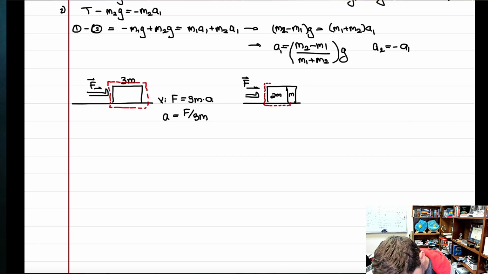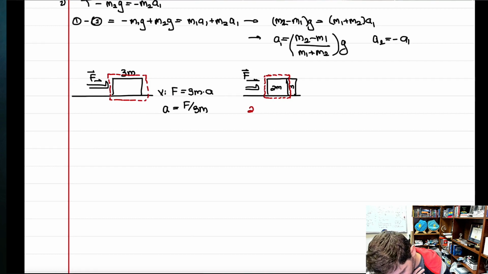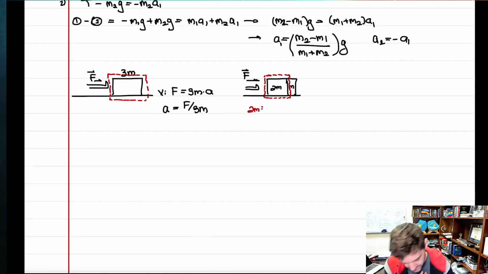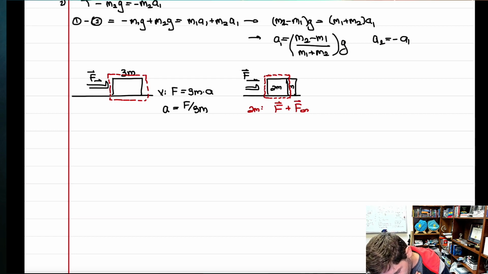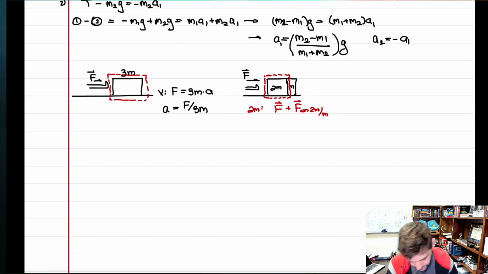What's going on in this case? If I start with the left box, and again, all horizontal motion, so I'm not going to bother with vectors, why not? We should be precise. On the left box, there's the force from the hand pushing on it, but then there's also a force on 2m from m, or on the left box from the right box. And that had better equal the mass of the left box, 2m, times a.